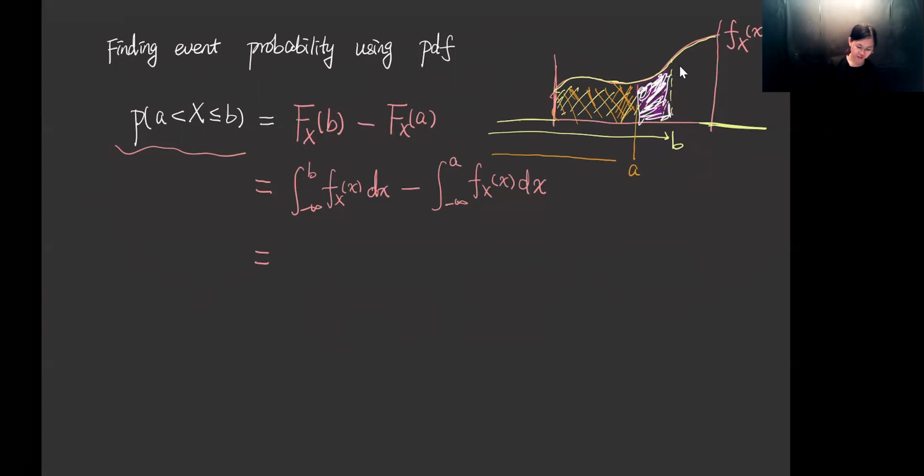So that clearly should be the integral from a to b of f_X(x) dx. So that's how you can obtain event probability using the probability density function.